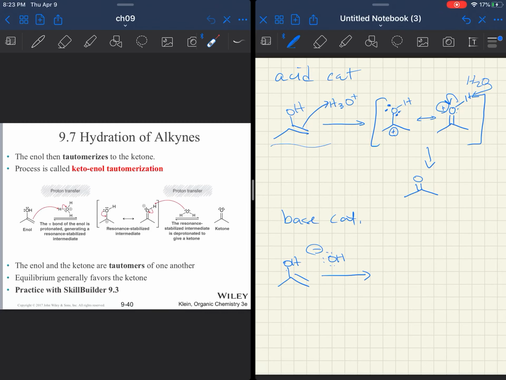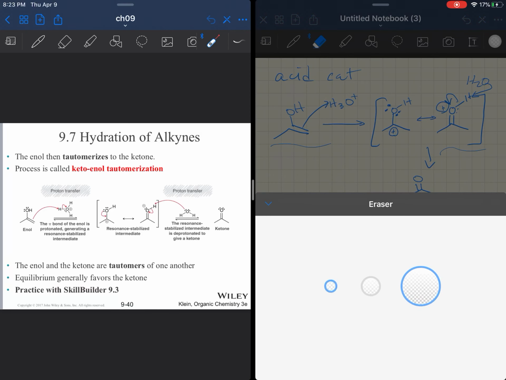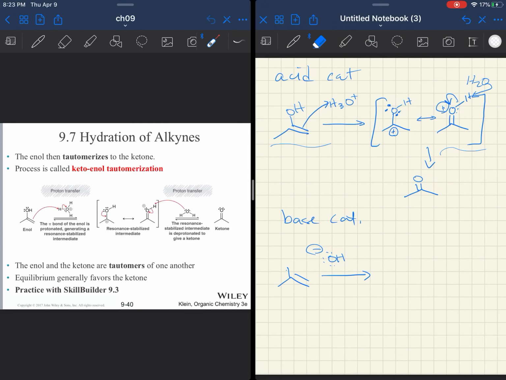Starting with your enol. Now, if you have any base around, in the first step in acid catalyzed, you reacted with the double bond, and then the second step was you removed that proton. Well, in base catalyzed, we're going to go in the opposite order here.